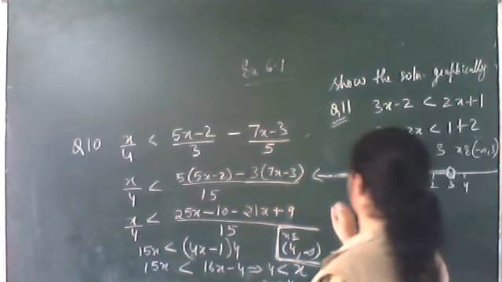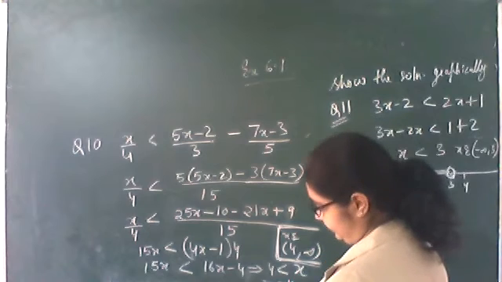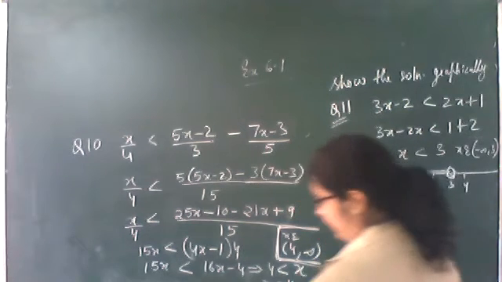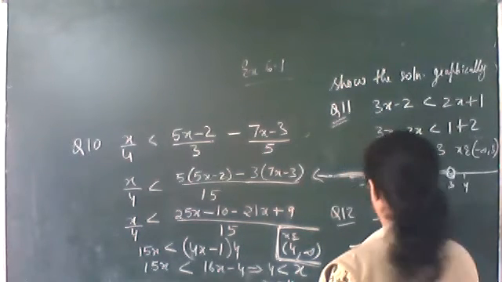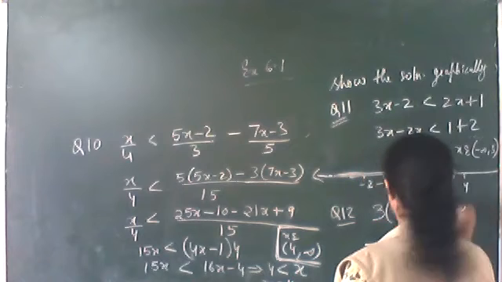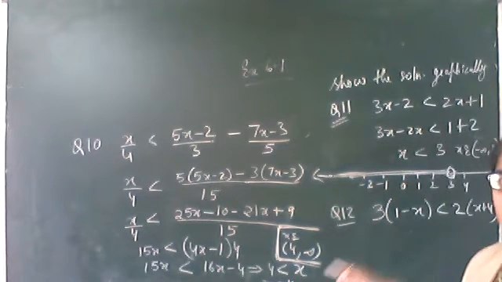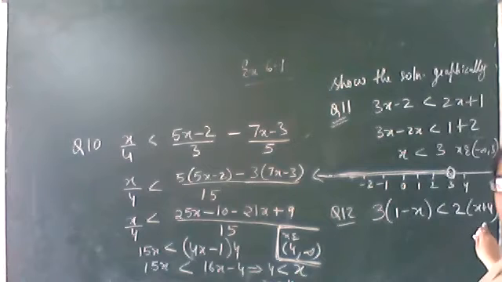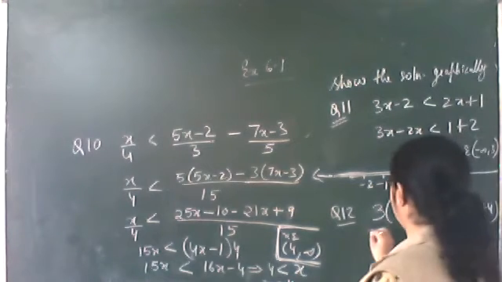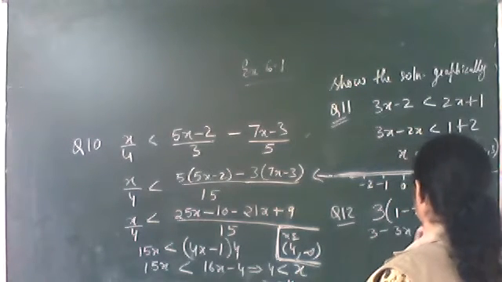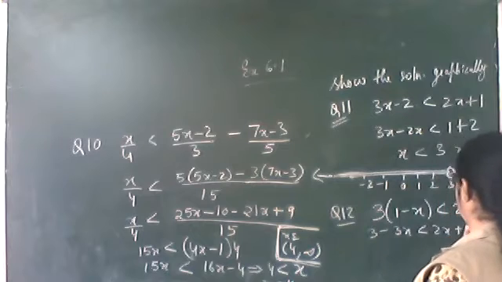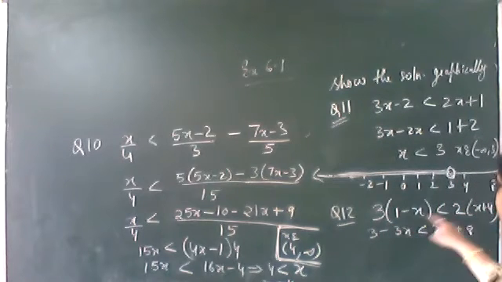Clear? And question number 12. 3 times 1 minus x is less than 2 times x plus 4. So we open the bracket: 3 minus 3x is less than 2x plus 8.